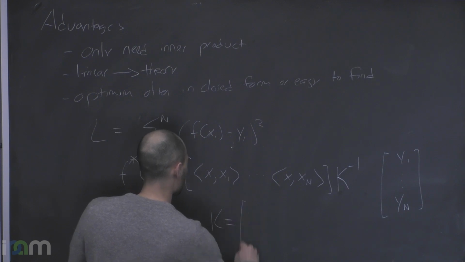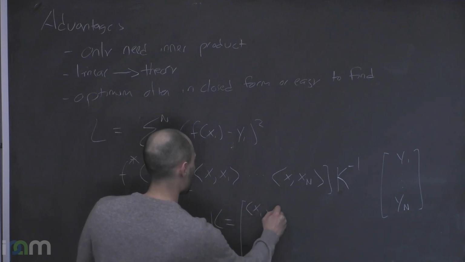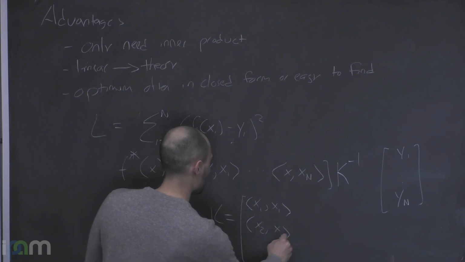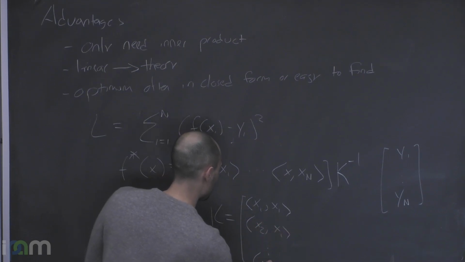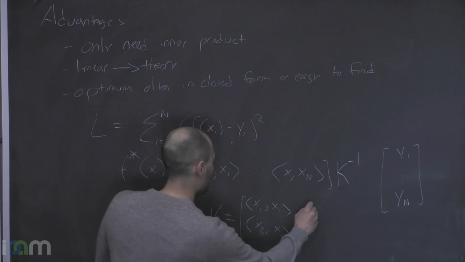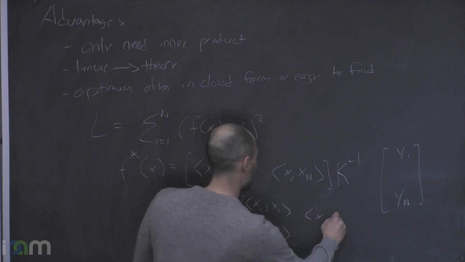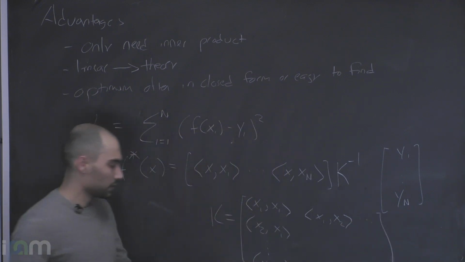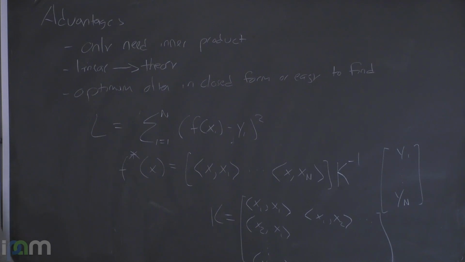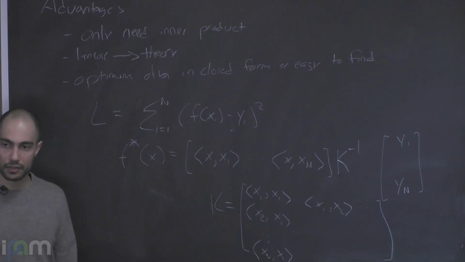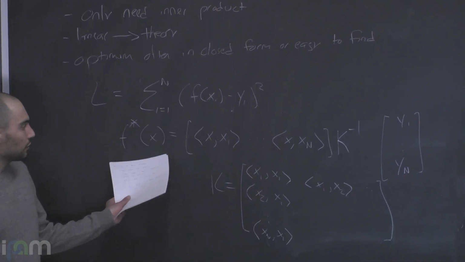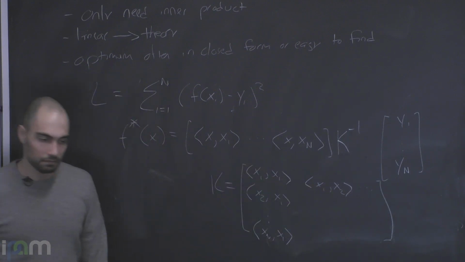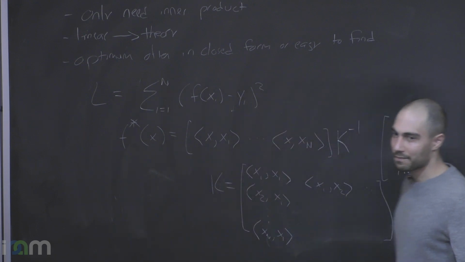So it's equal to x1, x1, x2, x1, all the way to xn, x1, and then x1, x2, and so on. That's called our kernel matrix. This is a linear algebra formula, but it's in closed form. That's our optimum. It's kind of nice.